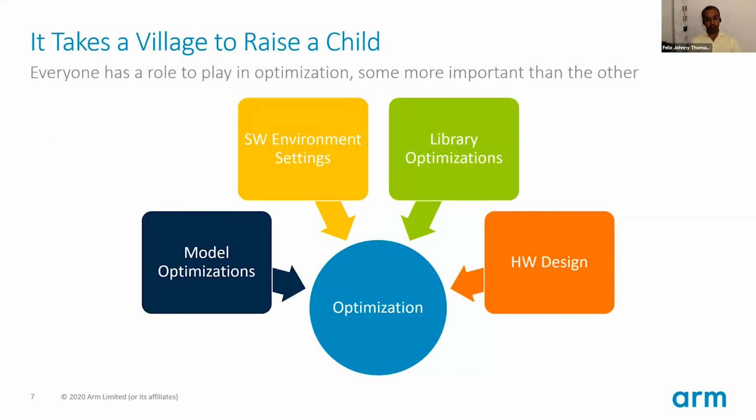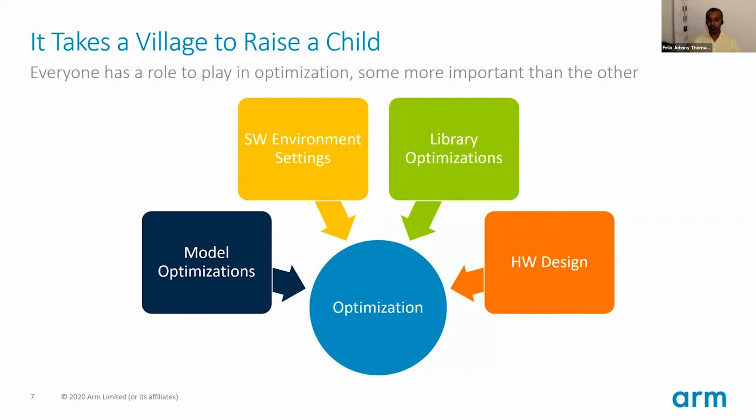So whose responsibility is optimization? It is easy to dismiss optimization as something that is beyond me, or it isn't my problem. But as the proverb goes, it takes a village to raise a child. I believe that everyone has a role to play in optimization, some more important than others.